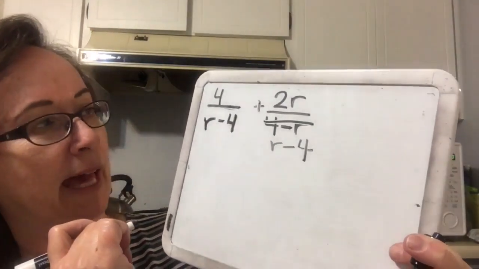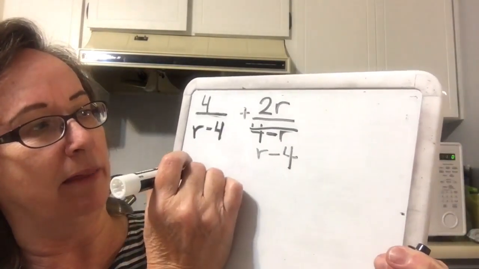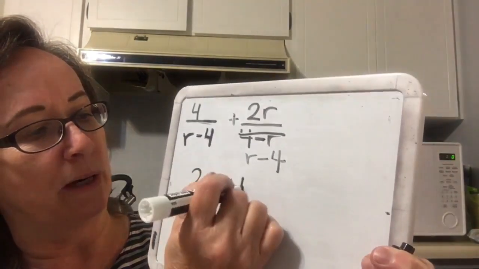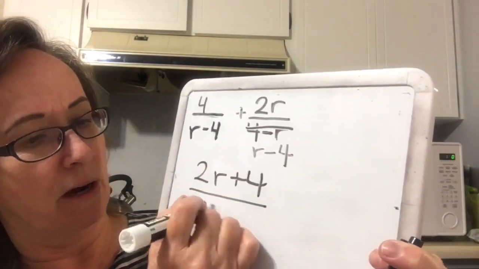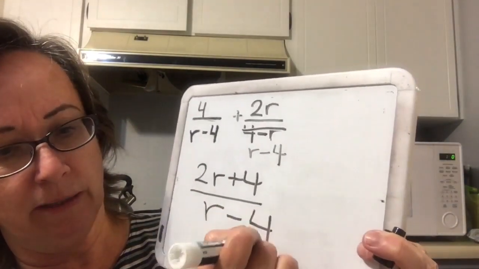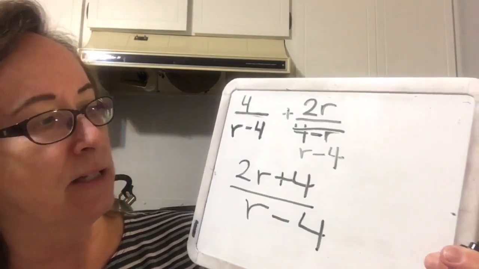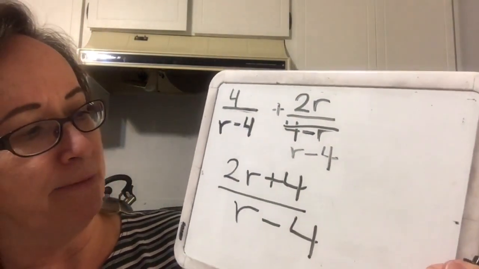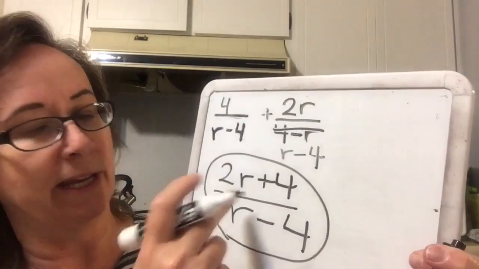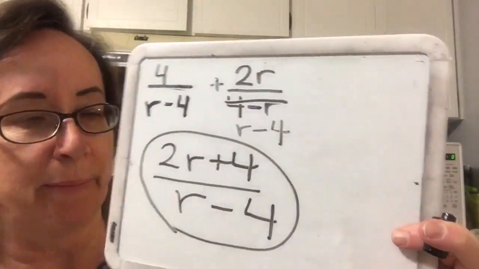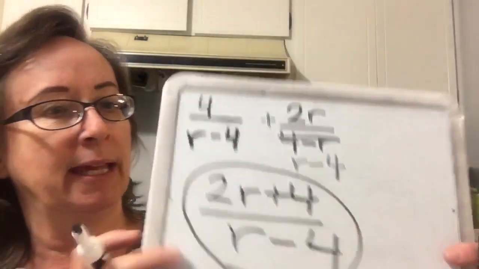And when you do that, now you end up with 2r plus 4 over r minus 4. And that is the answer, because that does not simplify. You could pull out a 2 on the numerator, but nothing would happen to it. So this is fine.